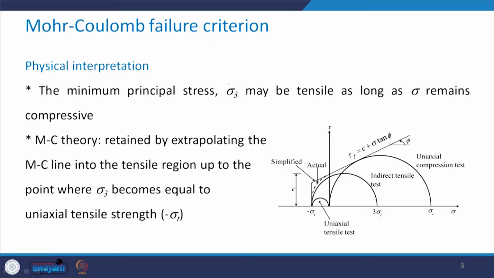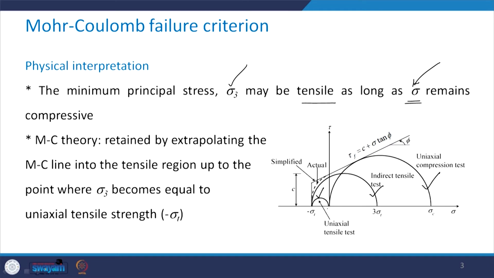The minimum principal stress, which is sigma 3, may be tensile as long as this sigma remains compressive. This sigma is the normal stress on the failure plane. Take a look at this figure: this Mohr circle corresponds to the uniaxial compression test, this corresponds to the indirect tensile test, which was the Brazilian test, and this small one is for the uniaxial tensile test.